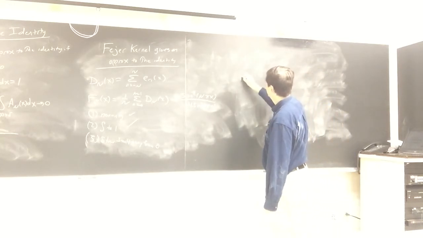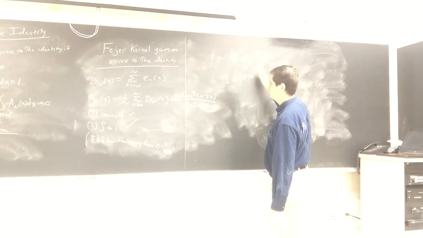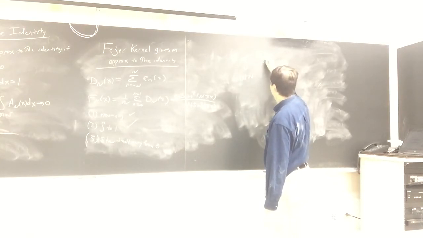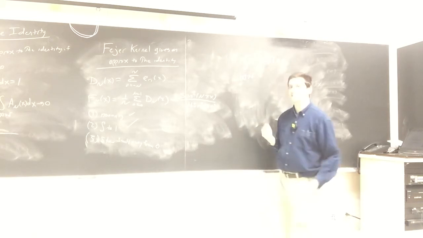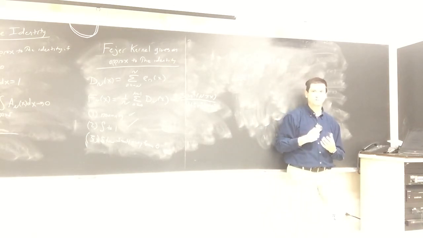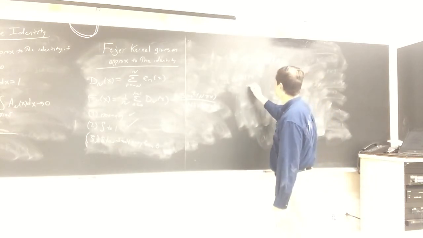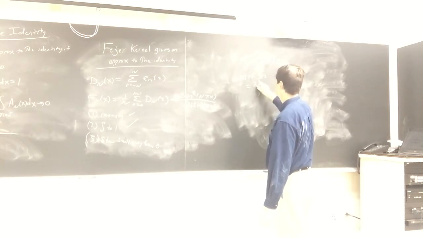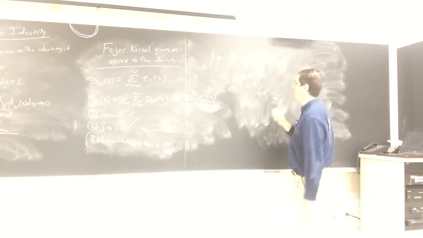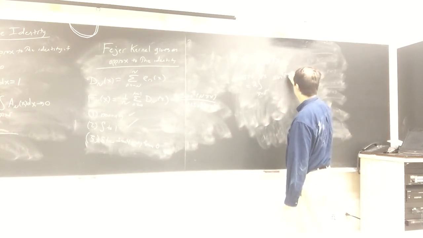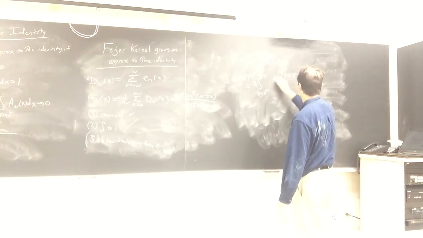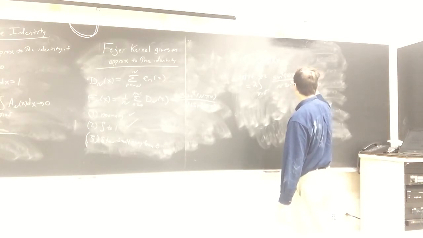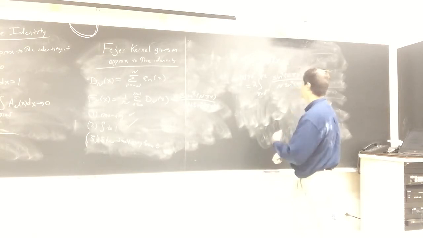Let's integrate, for x greater than delta, F_N of x dx. We need to just show that there's negligible mass away from 0 as N goes to infinity. This is going to be the integral x greater than delta, or actually by symmetry, I'll go x goes from delta to a half and then multiply by 2. And I'll have sine squared N pi x over N sine squared pi x dx.